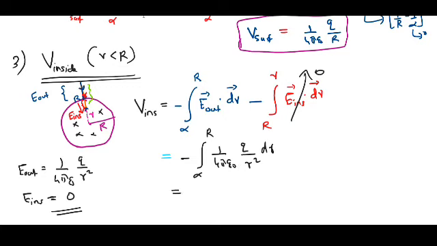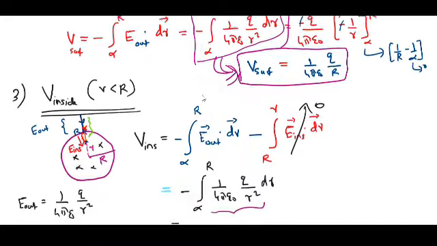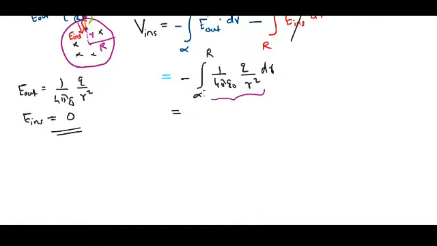The same we have evaluated in the above case; see here, we have done the same integration. What answer did we obtain? We obtained 1 by 4 pi epsilon 0 q by R. This is V inside.